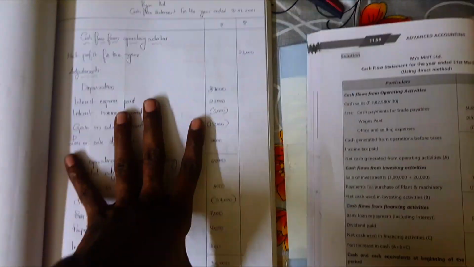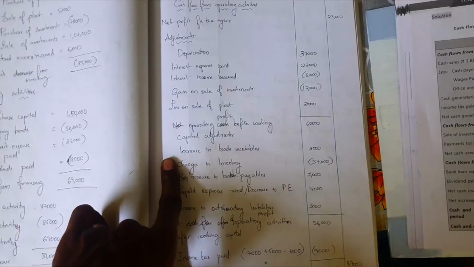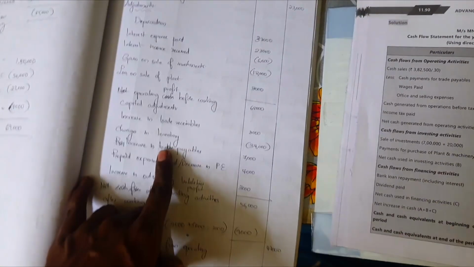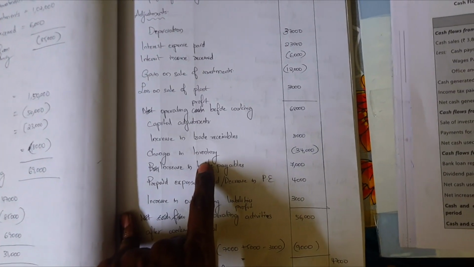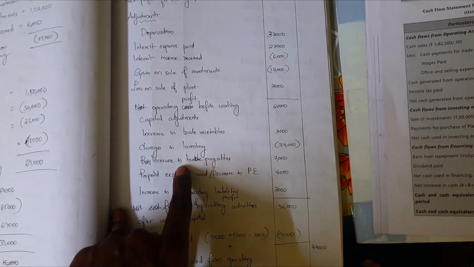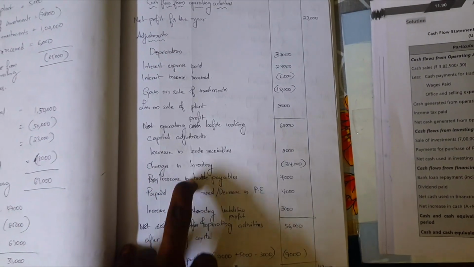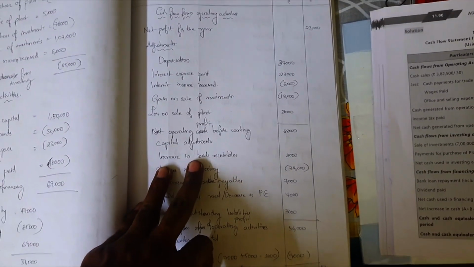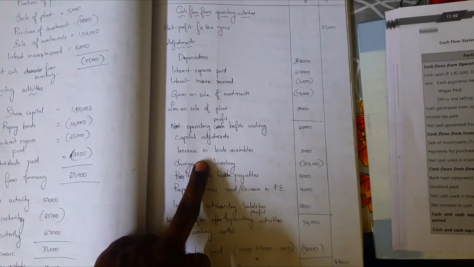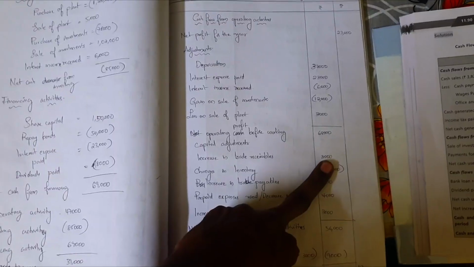Then in a similar process, we add the changes, increase or decrease, in trade receivables from the balance sheet, and changes in inventory. I explained that in the direct method, you can watch that video. Changes in inventory, increase or decrease in trade receivables, here it is decreased. So you need to look at the perspective of what the movement of cash is.